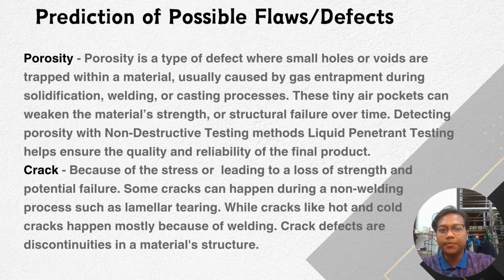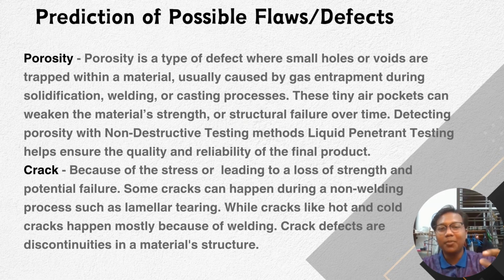Prediction of possible flaws or defects in NDT. The first one is porosity. Porosity is a type of defect where small holes or voids are trapped within a material, usually caused by gas entrapment during solidification, welding, or casting processes.